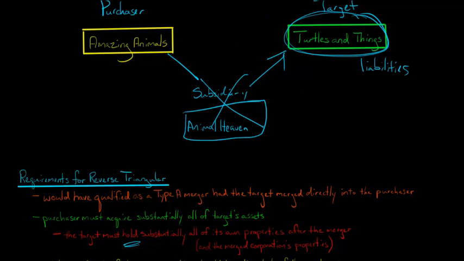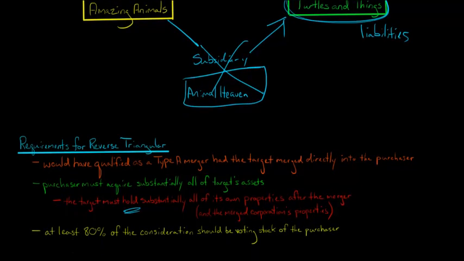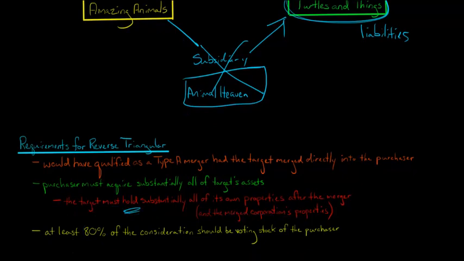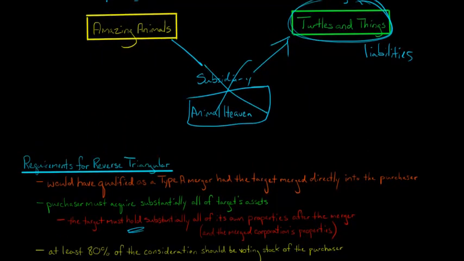So that's a little bit different than with the forward triangular merger. In addition, and this is a big difference from a regular type A merger or a forward triangular, with a reverse triangular, at least 80% of the consideration being given, and it's the purchaser who is ultimately giving consideration, must be voting stock of the purchaser.